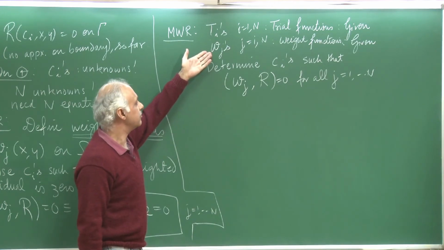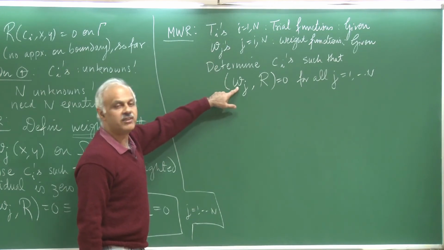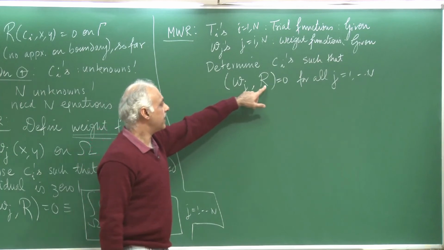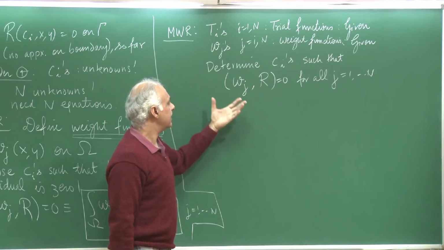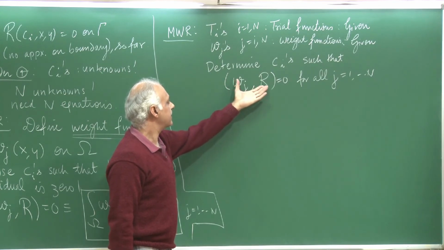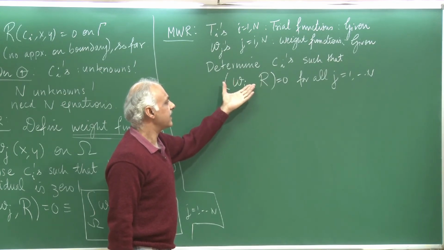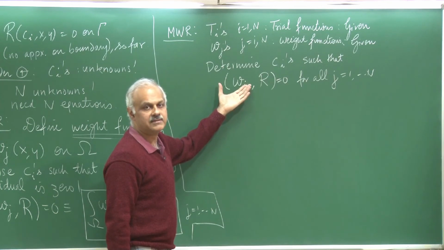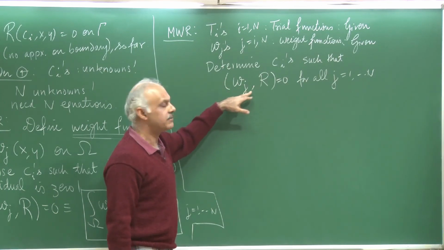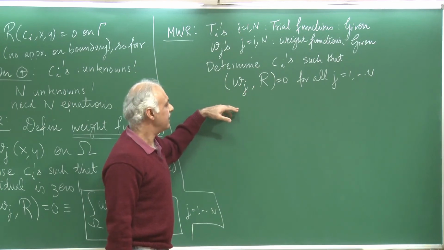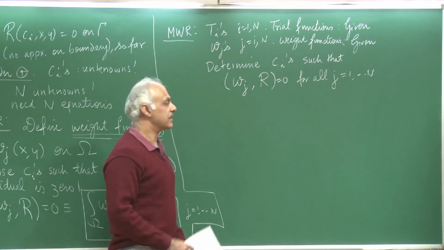These are also given to me. I take the first weight function, multiply that with the residual, and the integral of the weighted residual is 0 over the entire domain. Then I take j equal to 2, I do the same thing, then I do j equal to 3, and this would generate n equations.